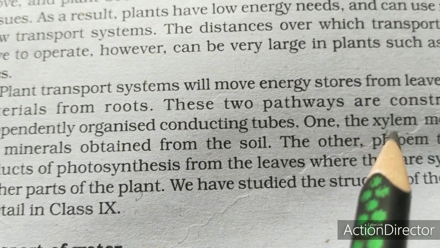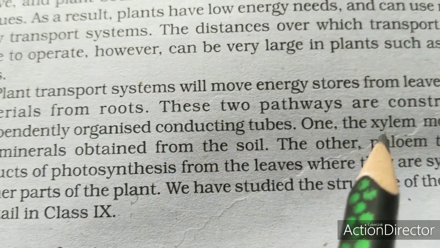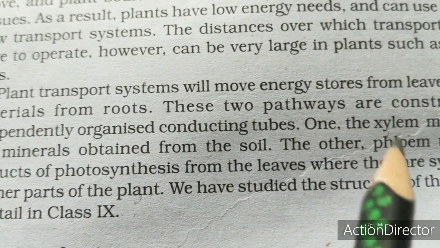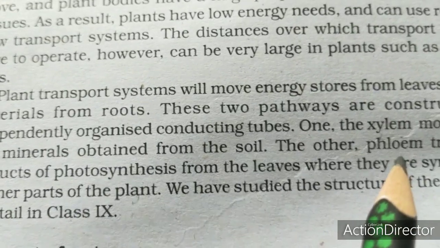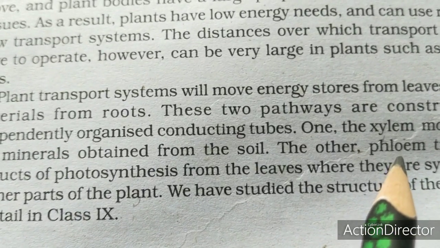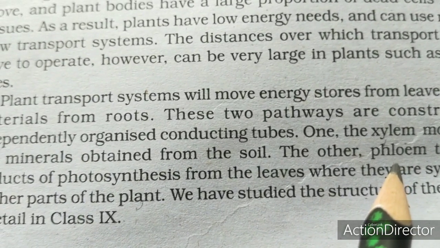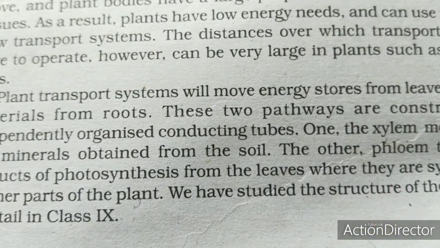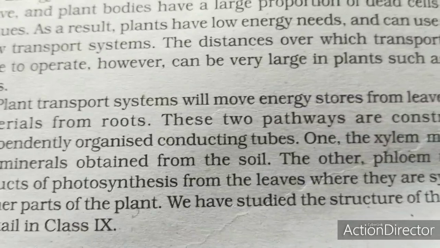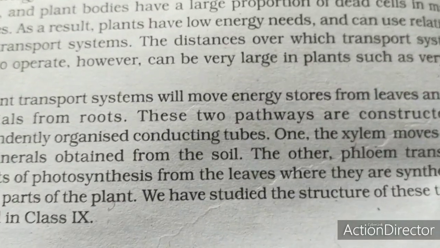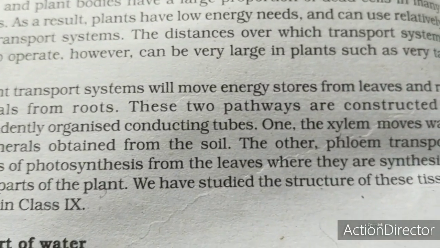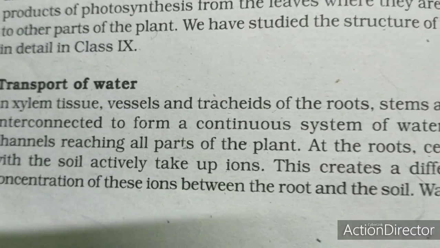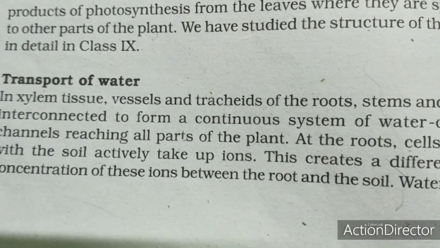Xylem helps in conducting water from roots to the leaves and phloem helps to distribute the food or the energy which is stored in the leaves to all other parts of the plant. So now we shall learn in detail how actually the transportation takes place in the plants through the xylem and the phloem.